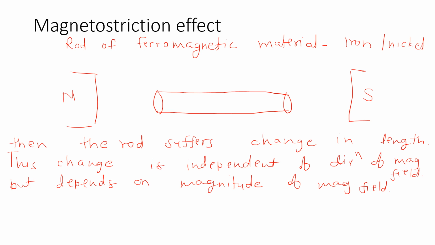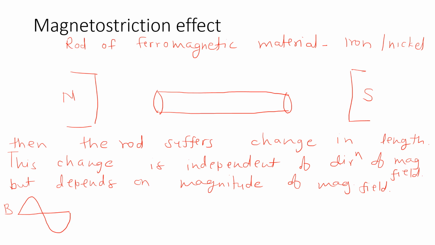This magnetic field is not steady, but it is alternating magnetic field B. We know that the change in the length of the rod is independent of the direction of the magnetic field, but it depends upon the magnitude of the magnetic field.